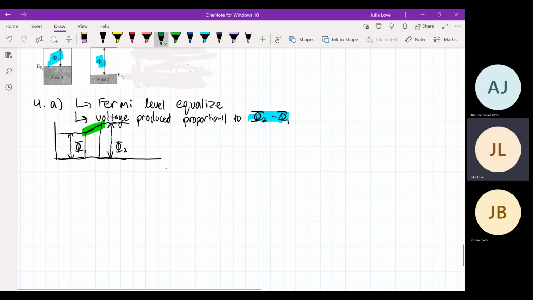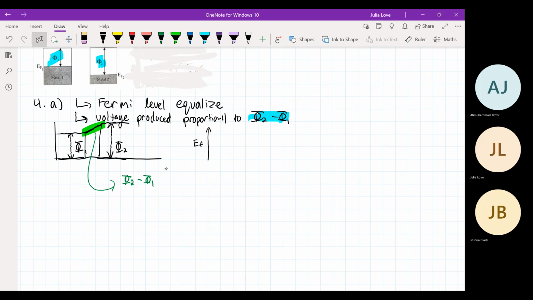And this part right here is just the one of the second metal minus the first, which is the same thing that we talked about with the voltage produced in word terms already. That's what's happening there. And then in terms of its energy, we will have a Fermi energy relationship that will look like this, similar to what you've seen in the other ones.